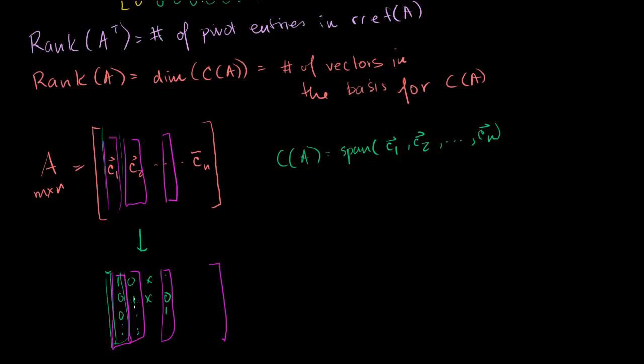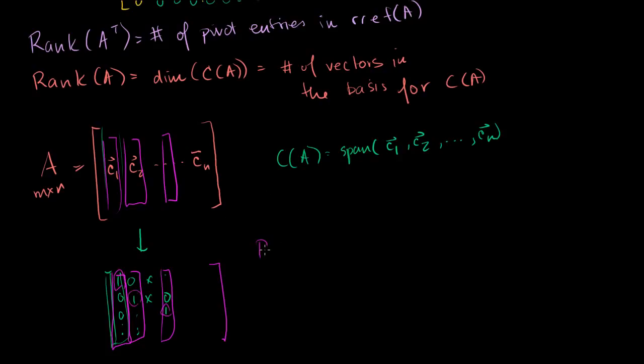So in general, if you want to count the number of basis vectors, because we don't even have to know what they are to figure out the rank, we just have to know the number they are. Well, for every pivot column here, we have a basis vector over there, so we could just count the number of pivot columns. But the number of pivot columns is equivalent to just the number of pivot entries we have, because every pivot entry gets its own column.